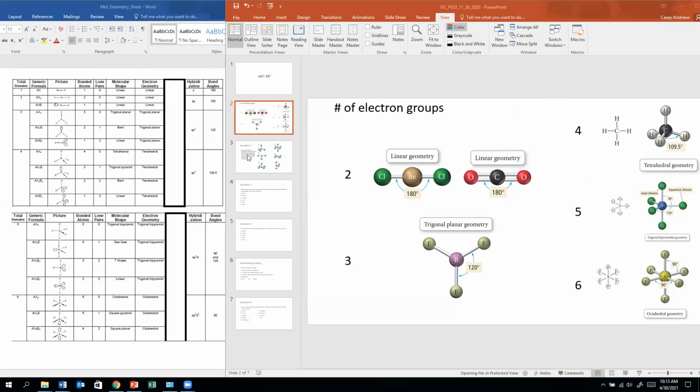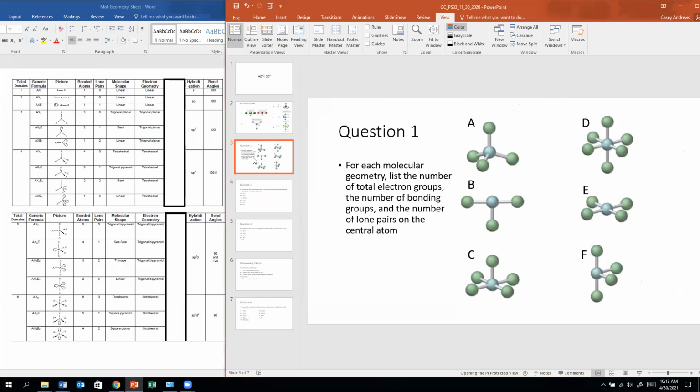All right, so let's go to question 1, and I'm actually going to do B because B has lone pairs, right? So let's just see what we are doing. For each molecular geometry, list the number of electron groups, how many of them are bonding, and how many of them are lone pairs.